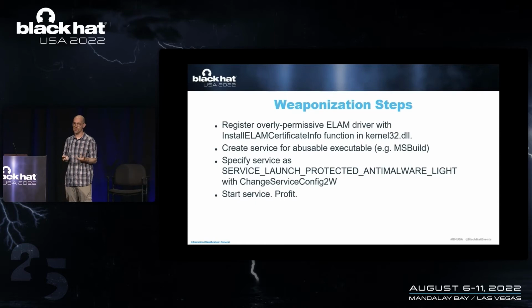You would have to be elevated anyway to install the service. And then you would drop your candidate binary that you want to abuse, in this case MSBuild, and then call ChangeServiceConfig2W, or you can just do this directly in the registry. You're going to specify that the service needs to run at the anti-malware-light level. Start the service, and then profit, maybe.